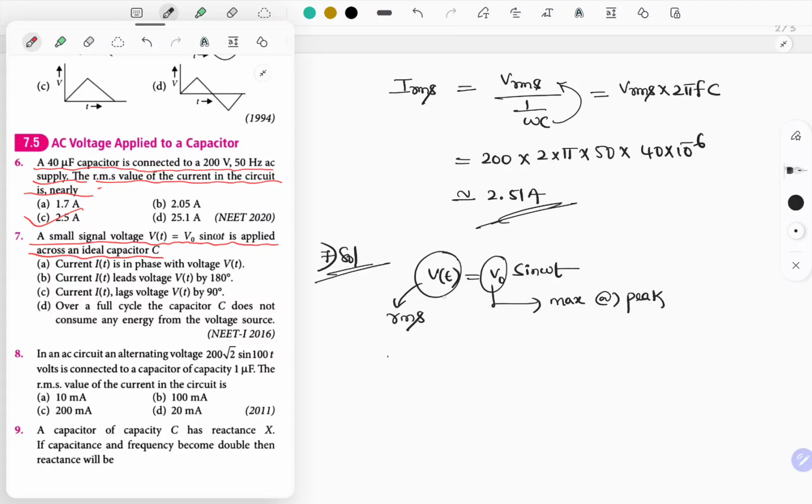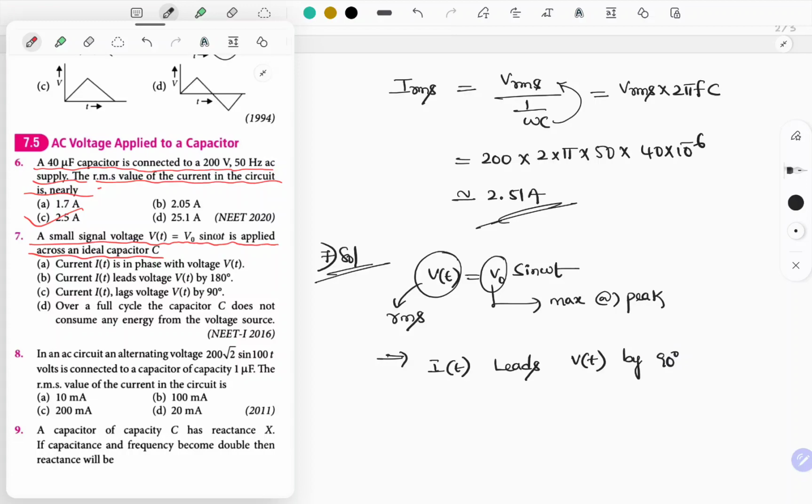Now as it is given to a capacitor, I of t leads. In a capacitor, I of t leads V of t by 90 degrees. Which option for question number 7?